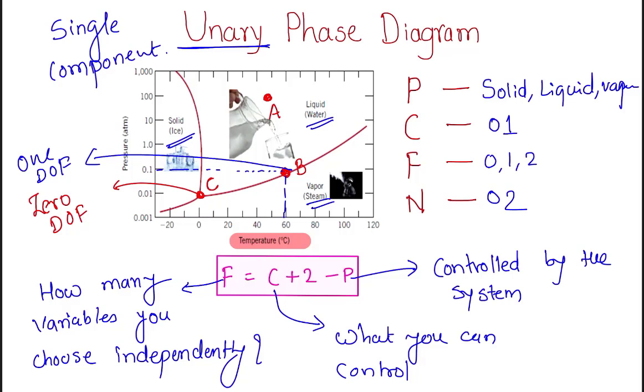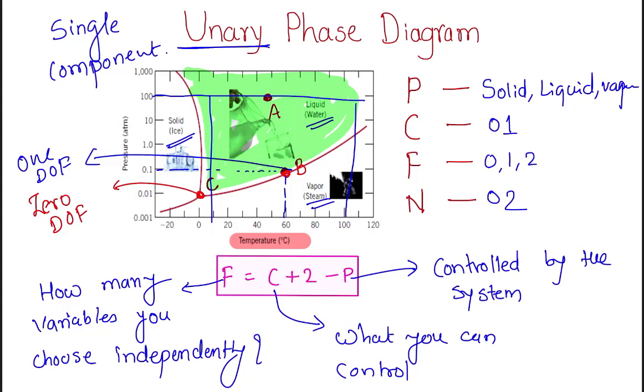If you are in point A, that means if you are in this region, you can vary both parameters simultaneously. You can vary pressure as well as temperature. But for precise location, you have to fix the pressure as well as temperature. And here we have 2 degrees of freedom, because as soon as I say my pressure is 100 atmosphere, my temperature can be anything from 10 degrees Celsius to 100 degrees Celsius.